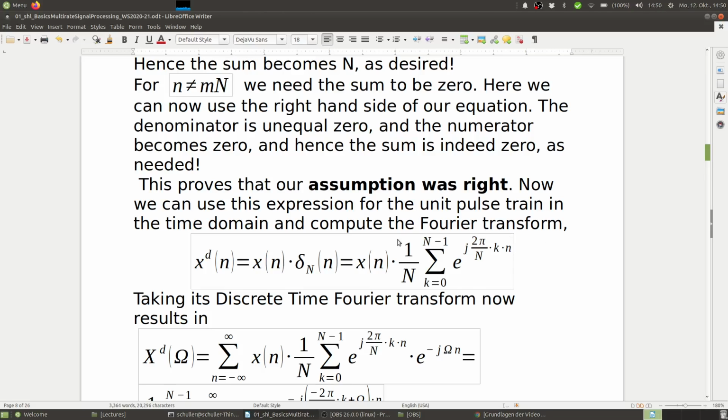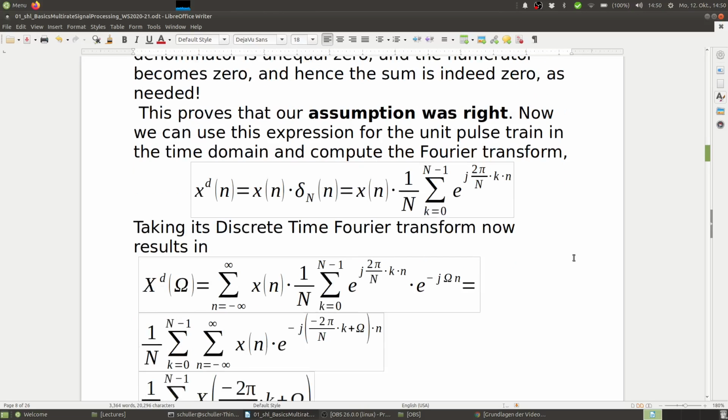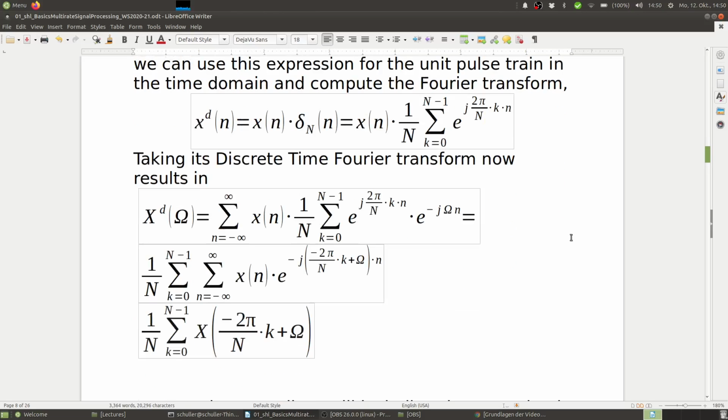And this looks more complicated, but is mathematically much easier to handle, and that's why we use it. So now we can plug it into our discrete time Fourier transform. So here again is our discrete time Fourier transform of our sample signal x, and this is our unit pulse train now, where we replaced it by this sum.